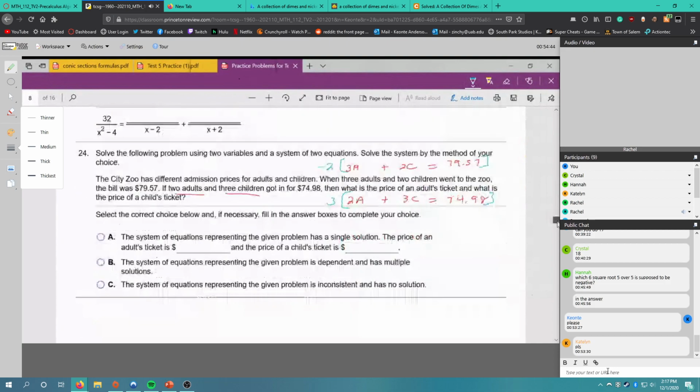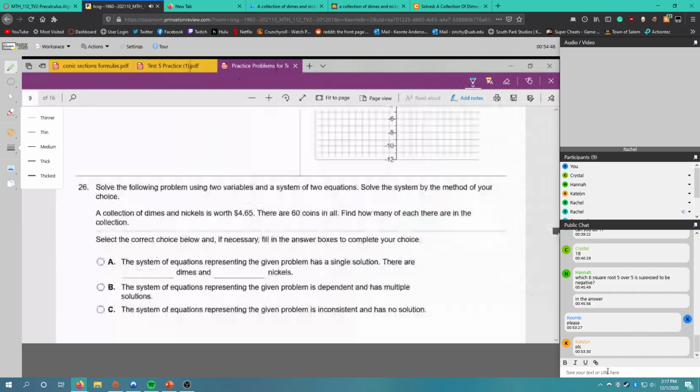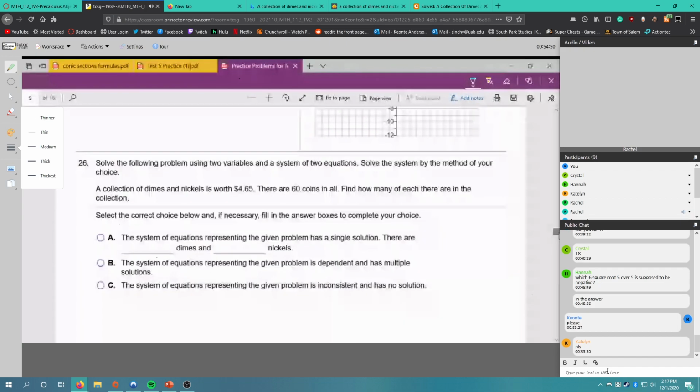And then I'm going to go down to this one. A collection of dimes plus nickels equals $4.65. Let me do this one first. Dimes plus nickels, there's a total of 60.